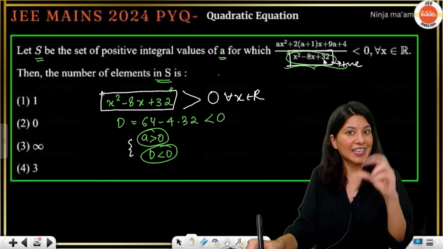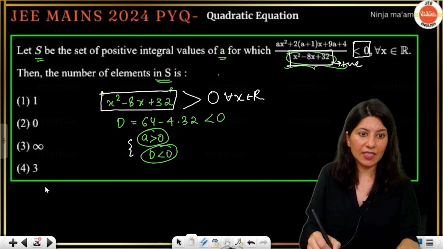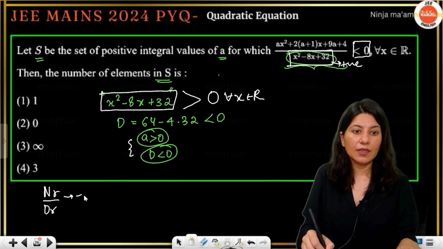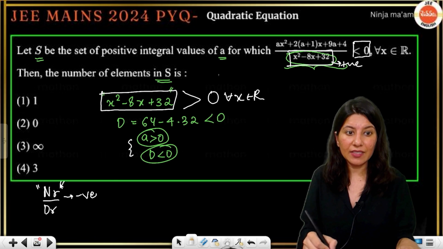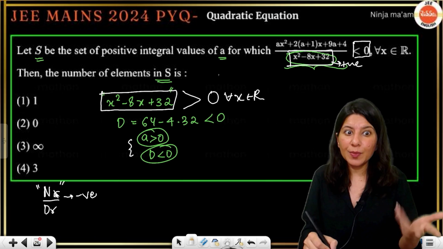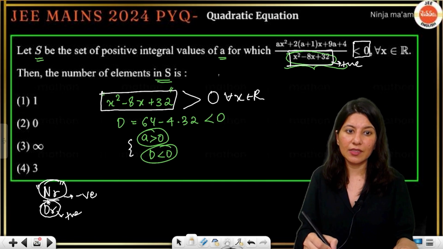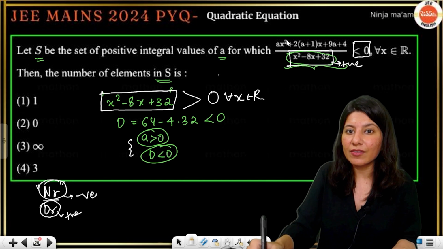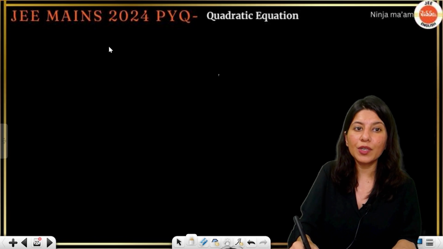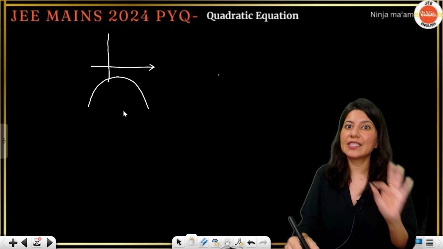That means, again, if numerator by denominator is a negative quantity, then this numerator should be negative, because the denominator we know is always positive. The numerator has to be negative. So if the numerator has to be negative, for any quadratic expression to become always negative, the only possibility is this graph.